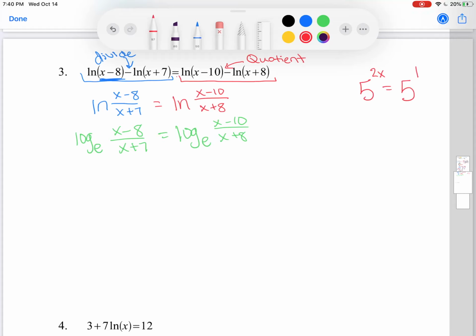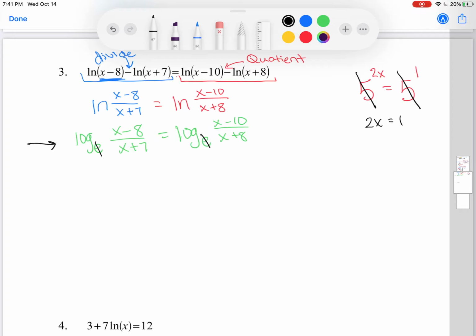Okay? If you remember from the last set of notes, whenever you have the same base, the exponents get to equal each other. The way I like to word it is whenever you have the same base, you get to drop the base and set the exponents equal to each other. Same thing applies here when we're talking about our logs.